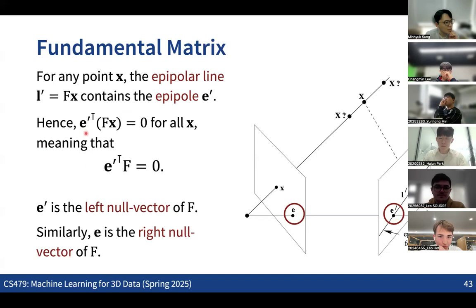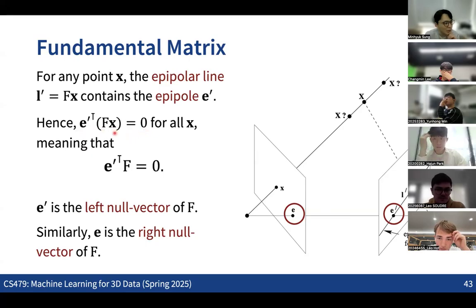So the dot product of the epipole and the line parameters for any epipolar line should be zero, right? Whatever point x we have in the first image, if we find its corresponding epipolar line, the dot product between these two should be zero.